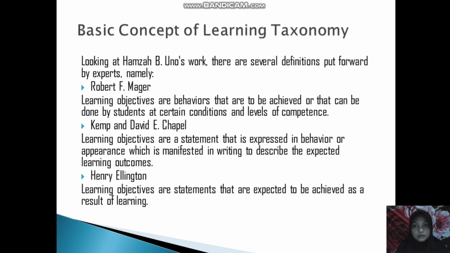Number 2, Kemp and David Kapel: learning objectives are a statement expressed in behavior or appearance, manifest in writing, to describe the expected learning outcomes. Number 3, Henry Ellington: learning objectives are statements that are expected to be achieved as a result of learning.